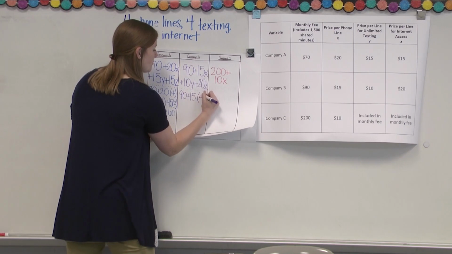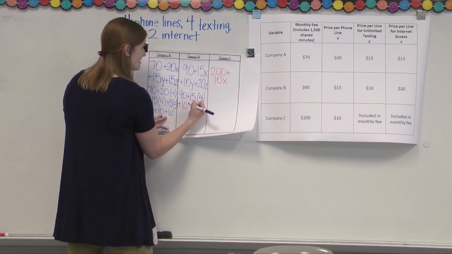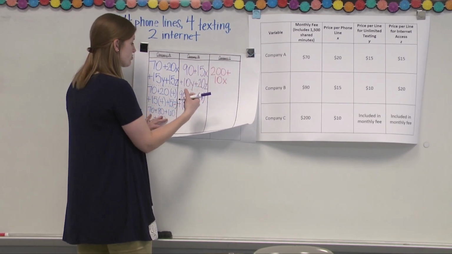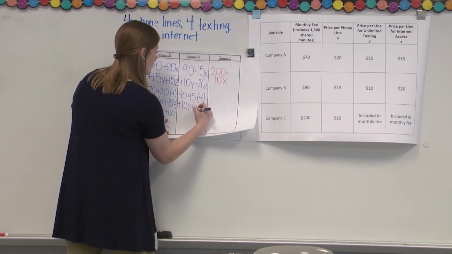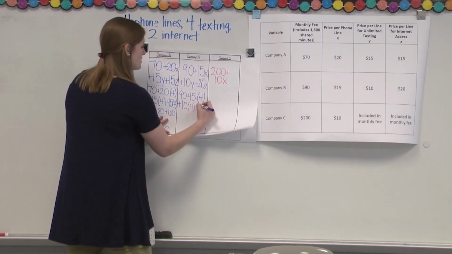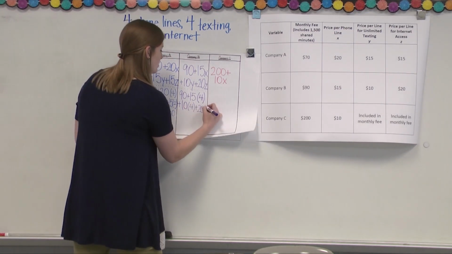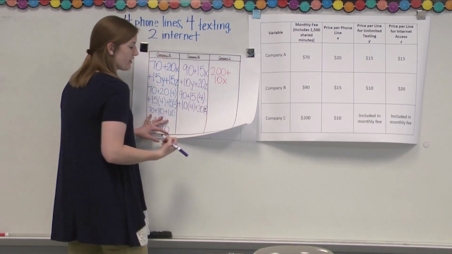So we're going to substitute 4 in place of that X, plus $10 for every line of unlimited texting, which was Y, and we do have 4 of those, so we're going to replace Y with 4. And then plus $20 for every line with internet access, and we did want 2 of those, so we're going to replace Z with 2.